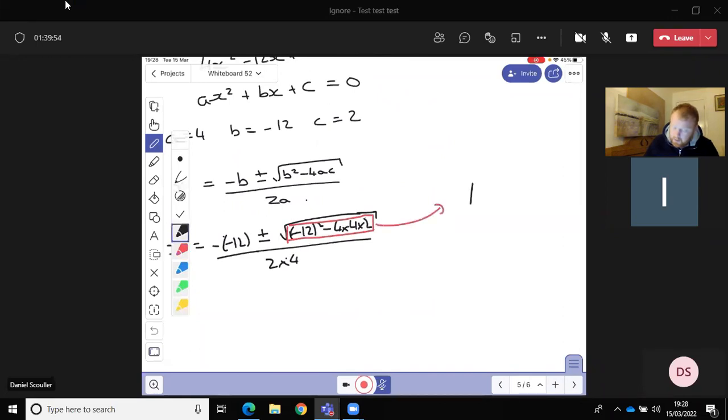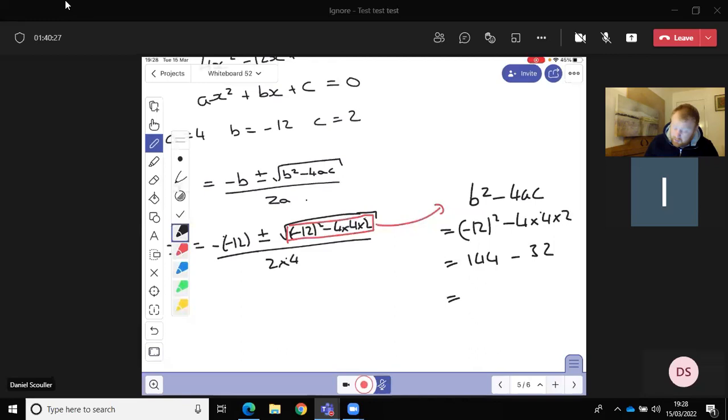And we do that for 2 reasons. To find out if it's positive. If it's positive, there's real roots. So -12 squared minus 4 times 4 times 2. -12 squared will be 144, minus 16, so 4 times 4 is 16, times 2 is 32.